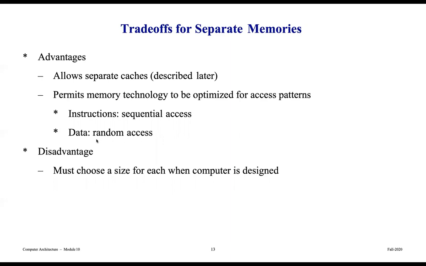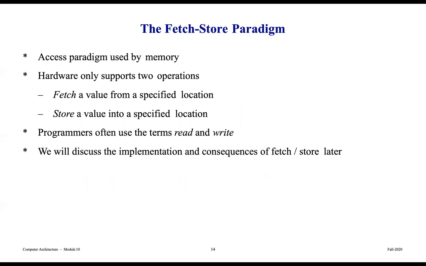It's based on the input criteria, the interaction with the user or external world parameters that it's made to dialogue with, and then it's going to access the memory accordingly. The disadvantages: you must choose a size for each when the computer is designed, and hopefully those assumptions are accurate when it's actually used.